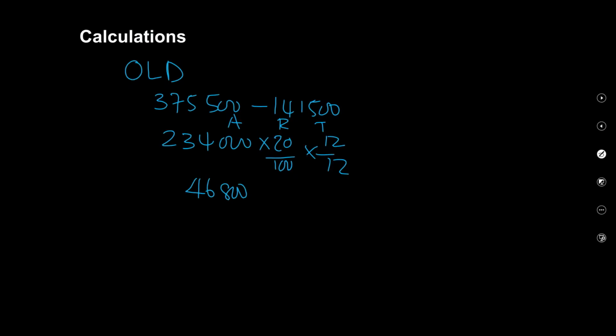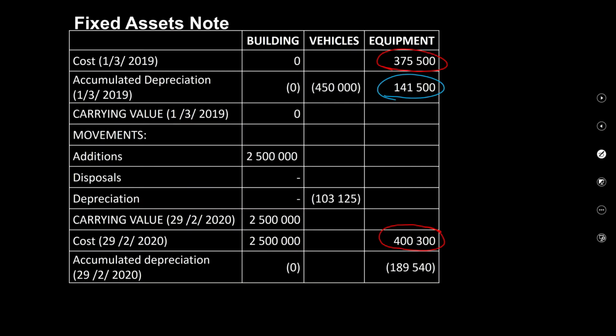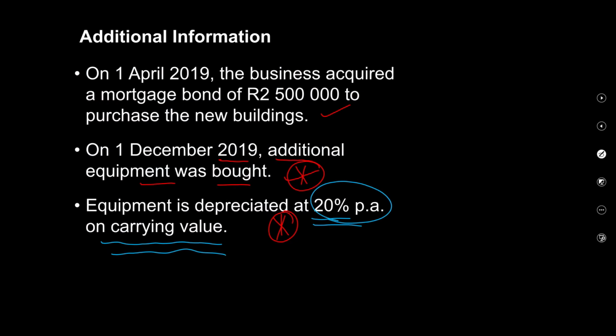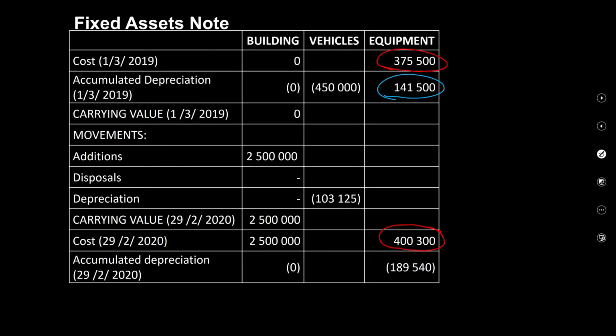Did I buy new equipment? Yes, I did. Let me have a look at that. The new equipment that was purchased: on the 31st of December 2019, additional equipment was bought. Clearly you can see that my year started in March, the beginning of the financial year.